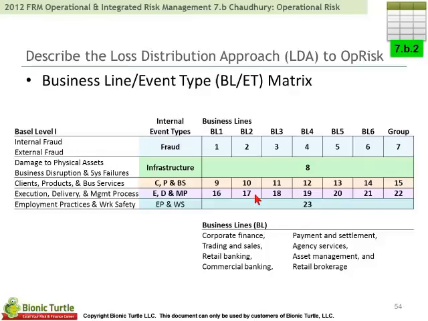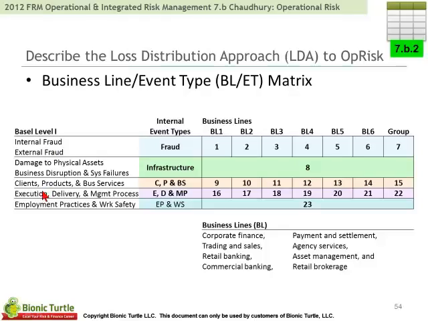So you can see this is just a business line event type matrix that in 2 dimensions characterizes the organization and where the operational losses can occur, because we don't expect operational losses to all exhibit the same behavior.